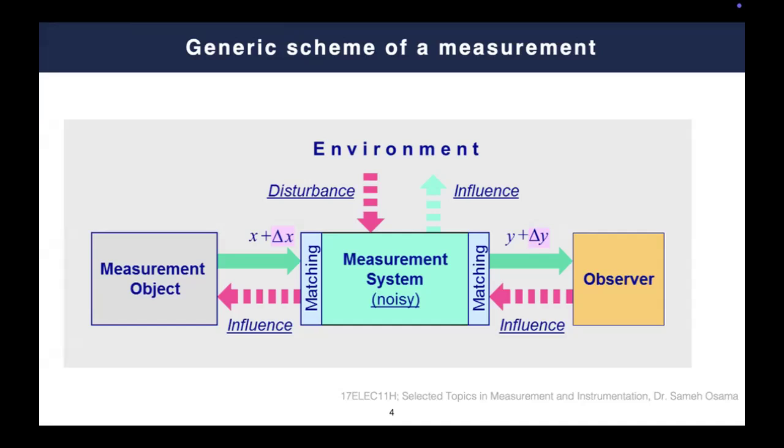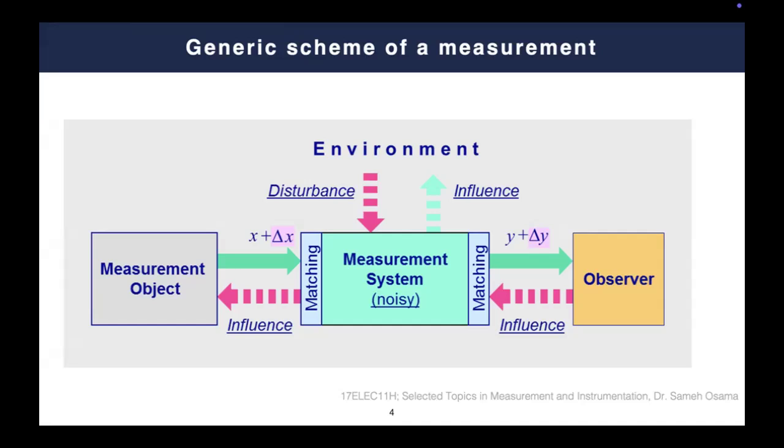So you are measuring some object. The second block is the measurement system, which we can globally call a measurement instrument, or specifically a sensor. The third is the observer, the one who is going to catch this signal, process it, read it, and so on. These are the three main blocks describing a measurement.